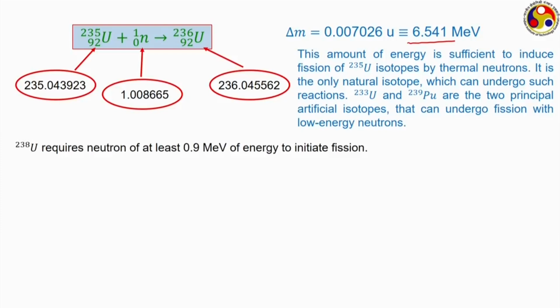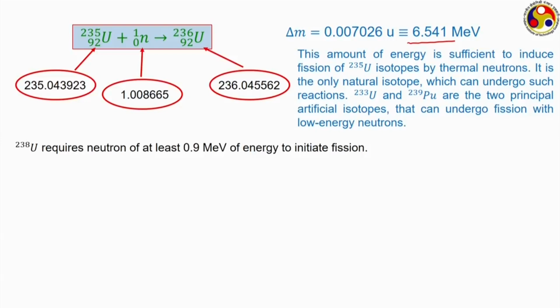There are several other isotopes which may undergo fission, but not when struck by a thermal neutron; rather they require a much higher energy level, and that energy can be supplied only through the kinetic energy of the neutron. For example, uranium-238 can undergo fission only when struck by a neutron of approximately 1 MeV of energy.